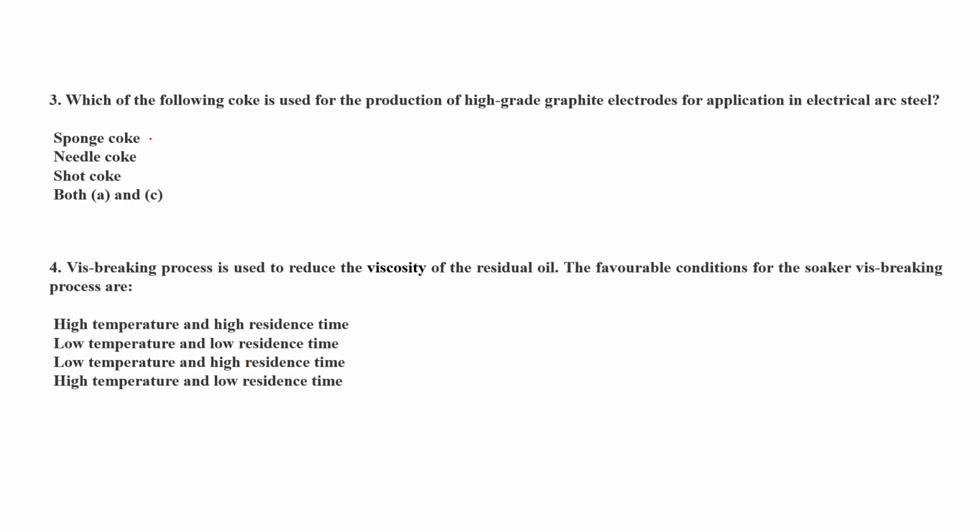So the answer here is, as I told, the sponge coke and the shot coke, they are amorphous in nature and produced by the decomposition of heavier products such as asphaltenes. But needle coke is produced by the polymerization of lighter products such as aromatics present on mild thermal cracking of the crude oil.